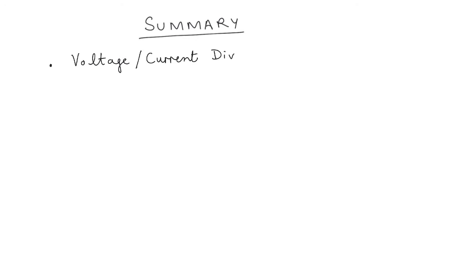So this gives you one of those electronic circuits in your toolkit, right? Remember, we were talking about a bag of electronic circuits which we can pick and choose to put together. What this lecture did was give you an electronic circuit that can either divide voltage or divide current. So that's the first thing that we looked at.